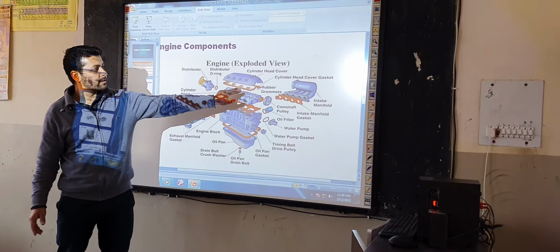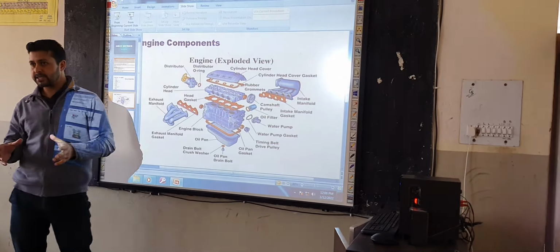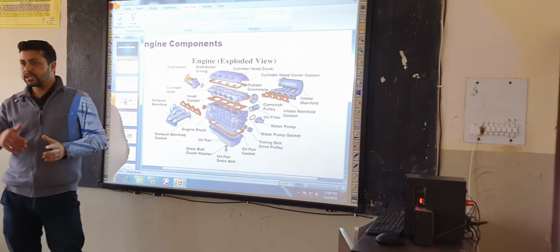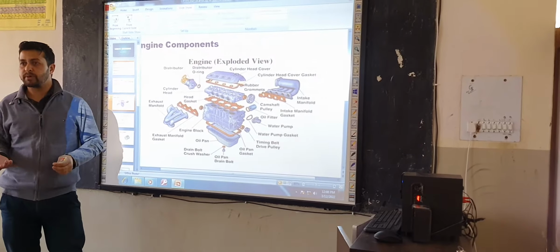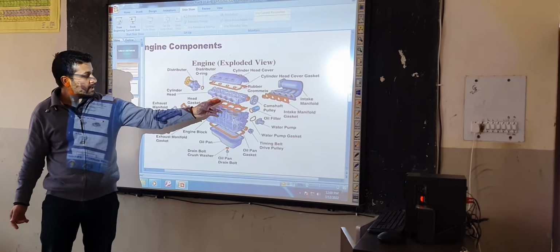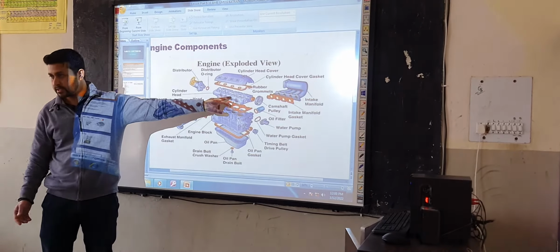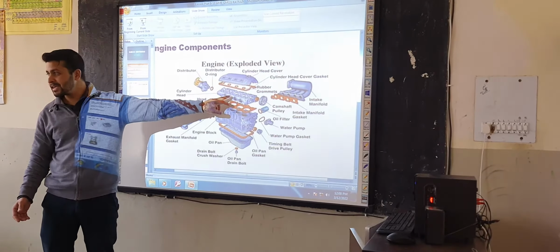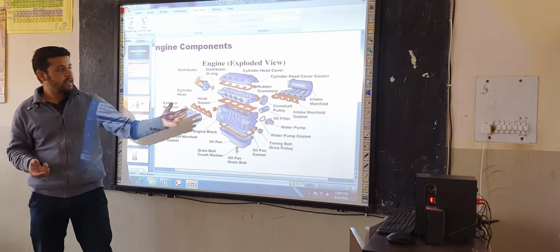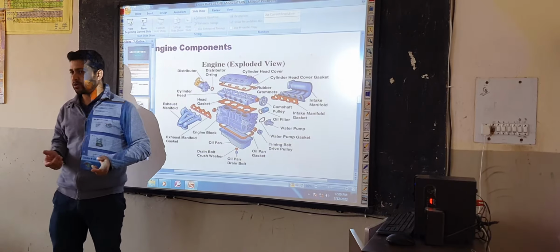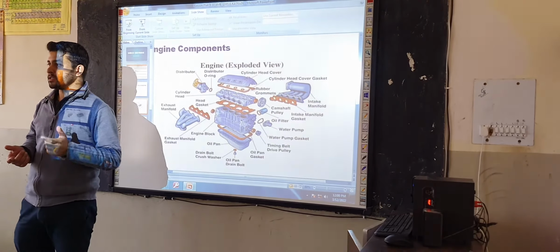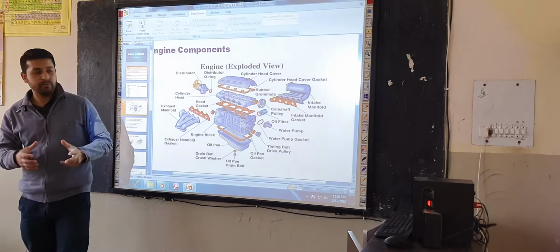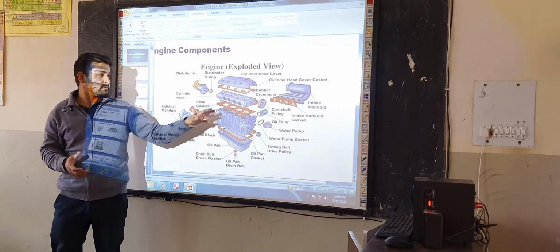And the second one is the head cover gasket. The gasket is very important to seal the leakages of exhaust gases or maybe oil. And the third one is the cylinder head. This is called the cylinder head. The cylinder head is an important part of the engine. In this, inlet and outlet valves and other cams are mounted over it to operate the valves.